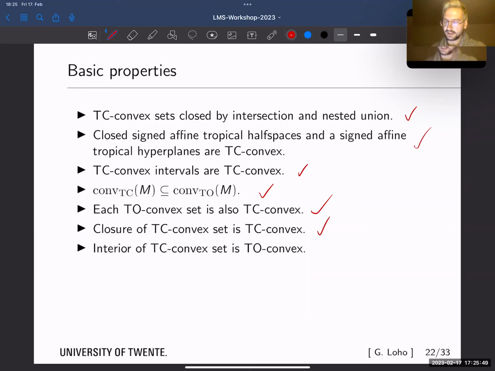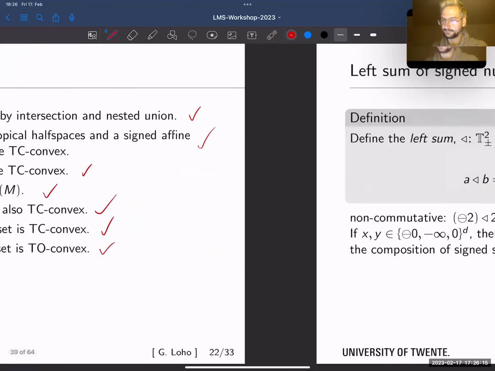And again, the connection to TO convexity: the interior of a TC convex set is TO convex. So really, just to summarize, TC convex sets fulfill several of the nice desirable properties, and even if it might be ill-behaved to some extent, as I said, it can be disconnected, we also can infer new insights for TO convex sets.